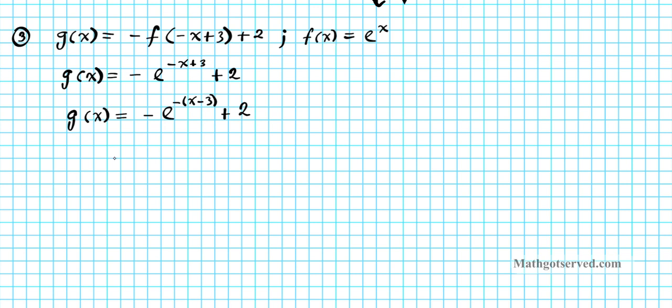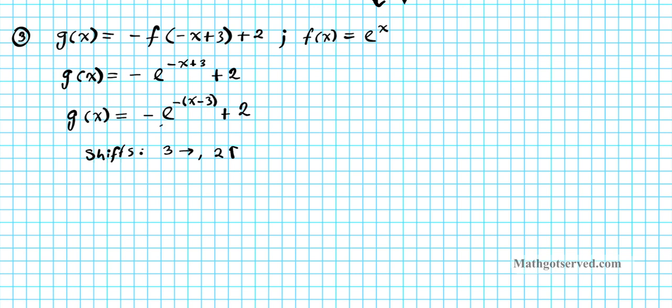Okay? So this one, our shifts are as follows. We have a negative 3 next to the x, so you do the opposite. So it's 3 units along the x-axis to the right, and plus 2, it's outside. It's being added to the function, so you're going to go 2 units up in that direction.